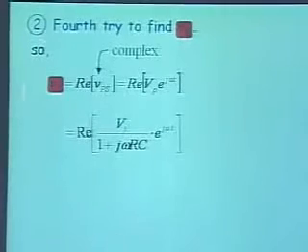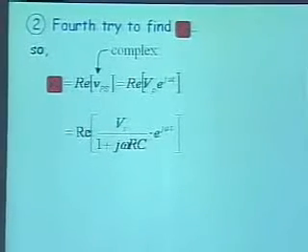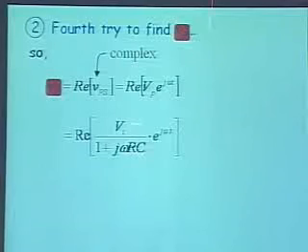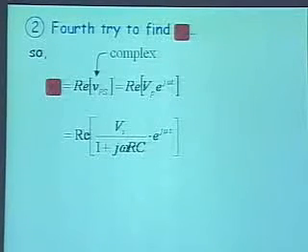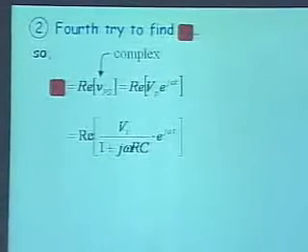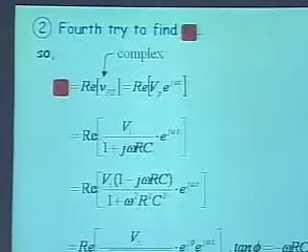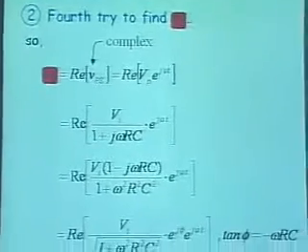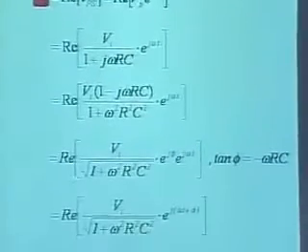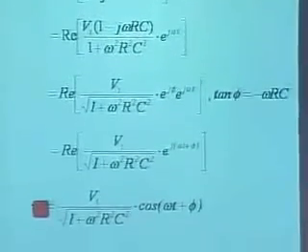So I'm telling you that VP is simply the real part of the sneaky output, and I take the real part of VP e to the j omega t, and do a bunch of complex math.